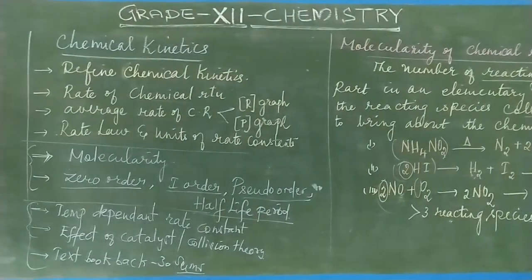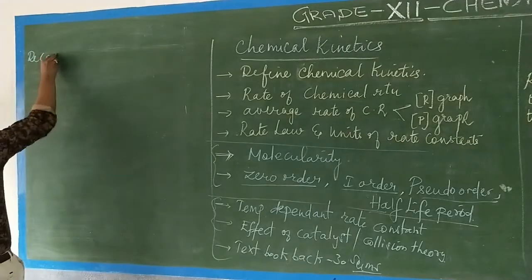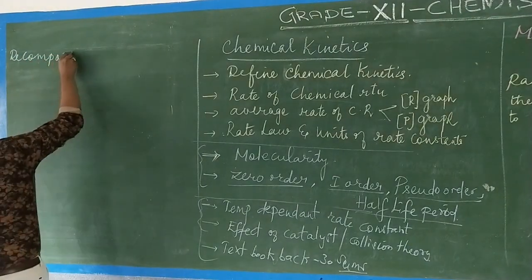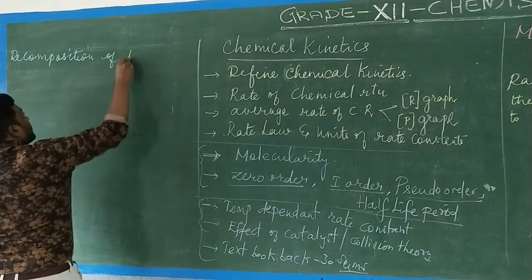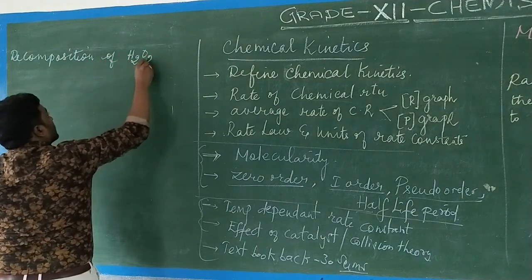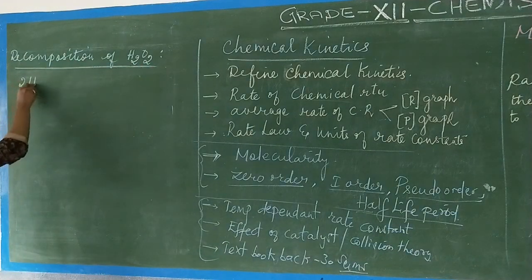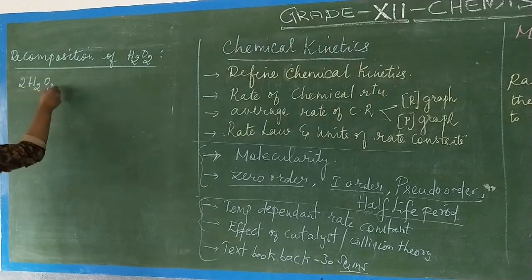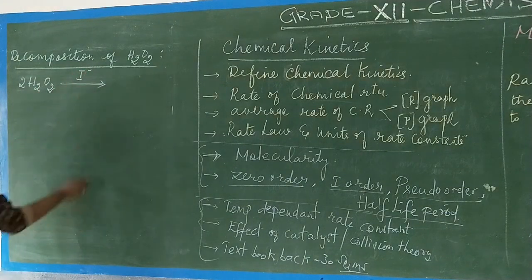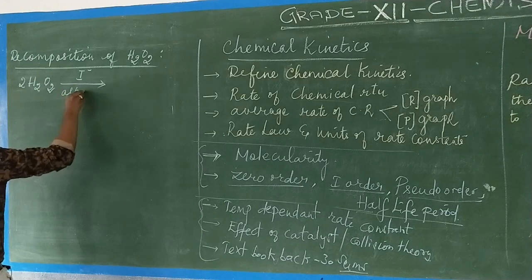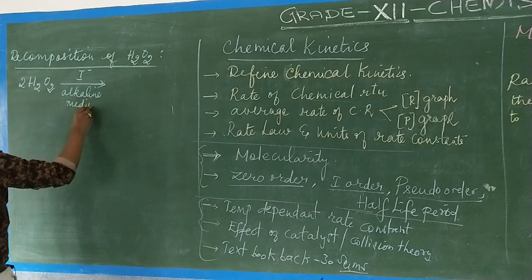One more example we will see now, listen carefully: the decomposition of hydrogen peroxide. 2 molecules of hydrogen peroxide decompose in the presence of iodine as a catalyst, and we have to maintain an alkaline medium.